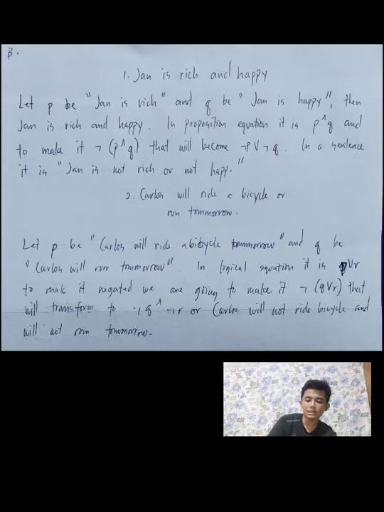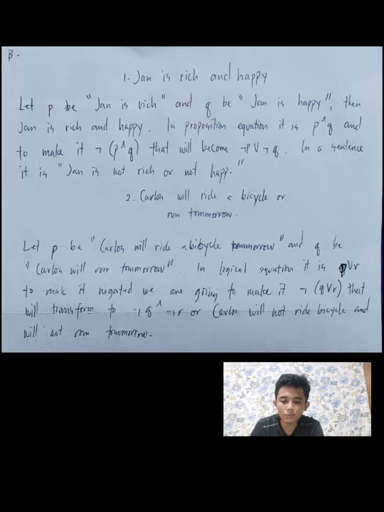My answer in number 2, Carlos will ride a bicycle or run tomorrow. Let Q be Carlos will ride a bicycle tomorrow, and R be Carlos will run tomorrow. Then Carlos will ride a bicycle or run tomorrow.